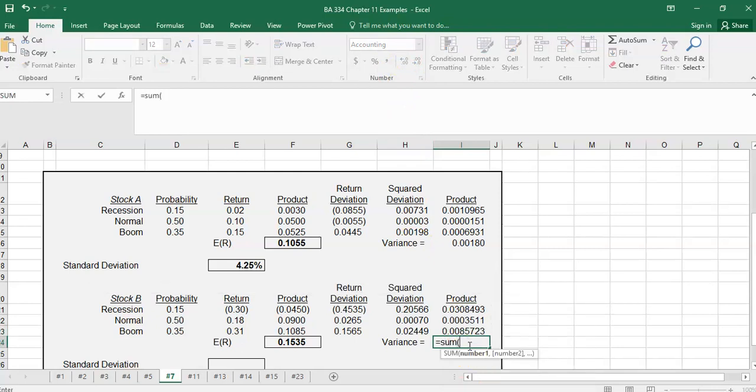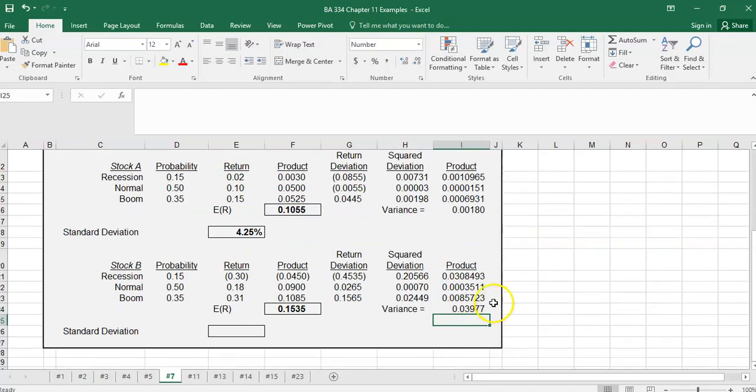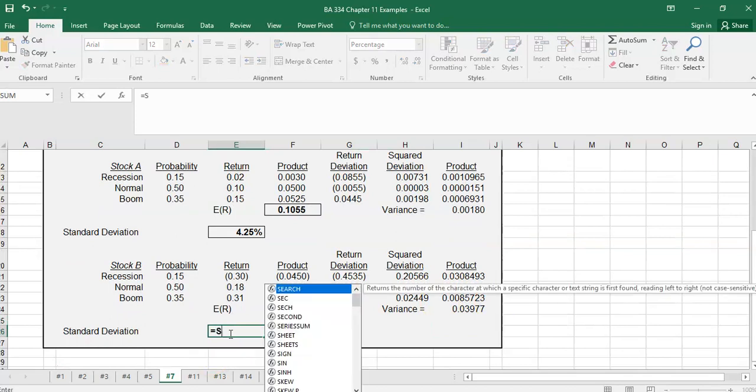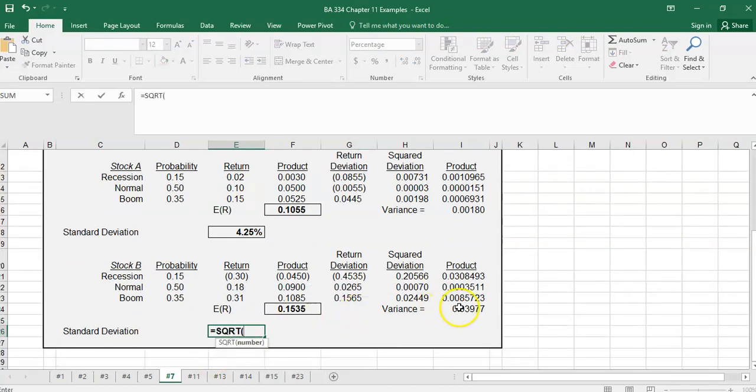We add those together to get our variance. And then the standard deviation is the square root of our variance. So now we can see that stock B is more volatile than stock A because of the significantly higher standard deviation. We also know that the more risk you take on, the higher potential of return. So the expected return on stock B is higher than the expected return on stock A.